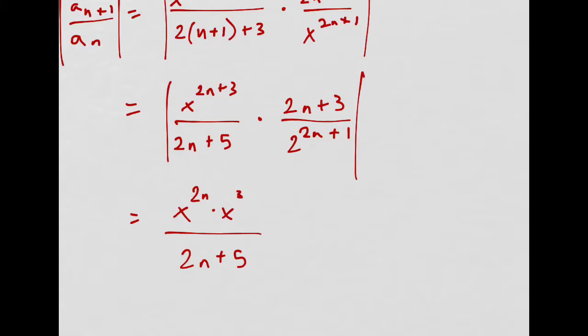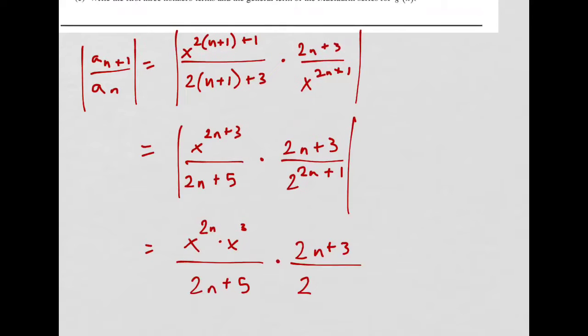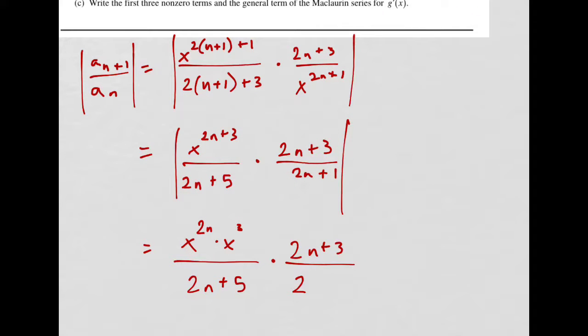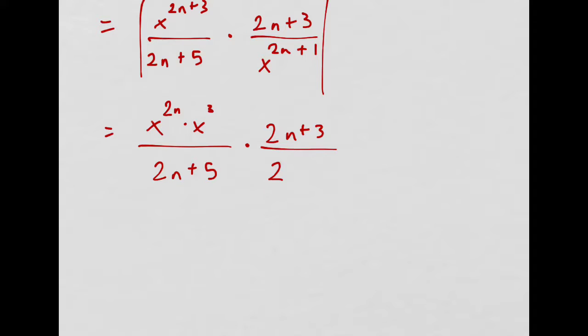2n plus 5 times the 2n plus 3, and, oh no, it won't cancel out, I messed up. This is supposed to be x there, so this is x to the 2n times regular x, so this cancels out with that.